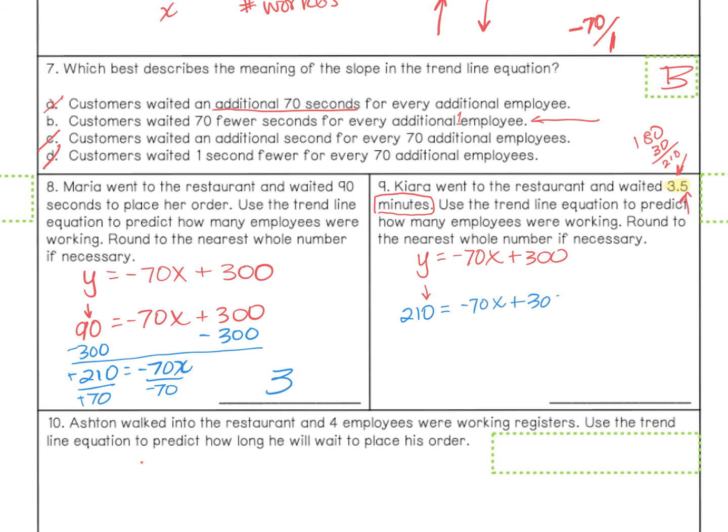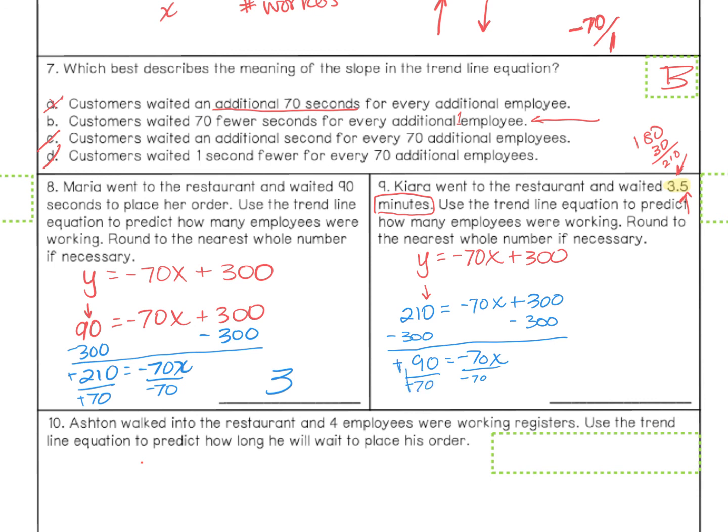So again, I'm going to solve for X. I'm going to start by subtracting 300. That gives me negative 90 is equal to negative 70x. The 300s cancel out. My last step is to divide both sides by negative 70 so I can isolate the variable.